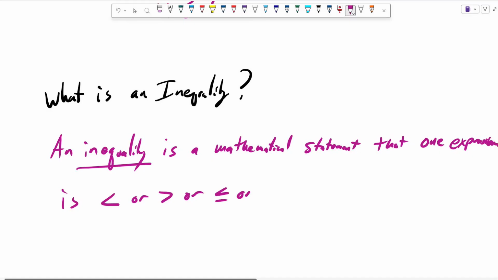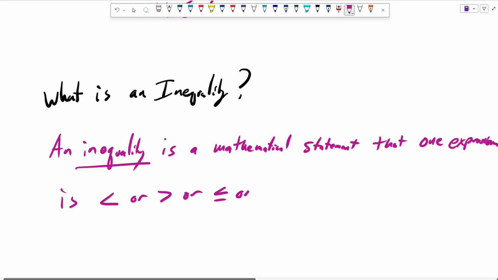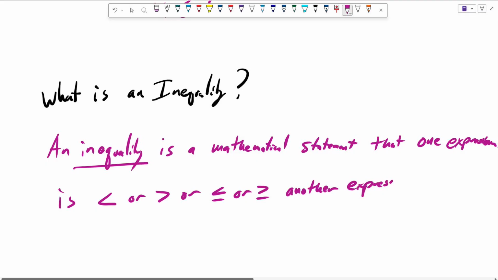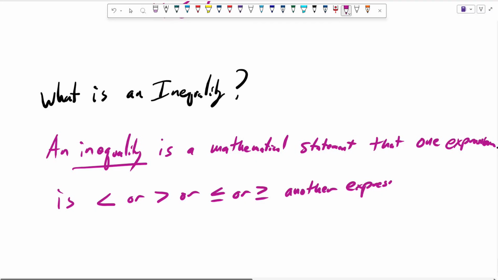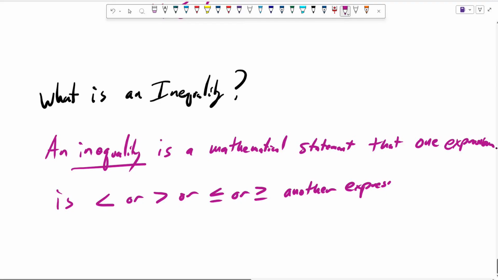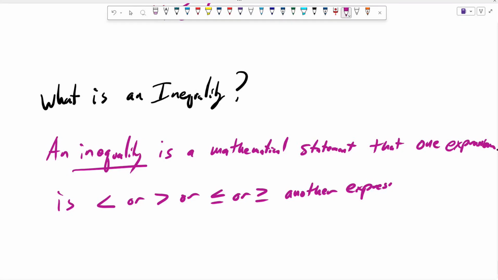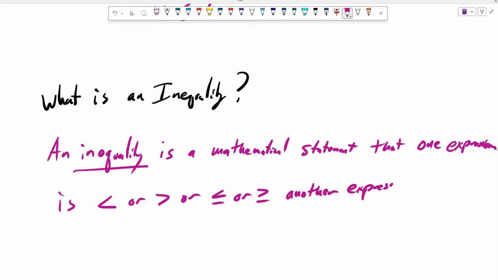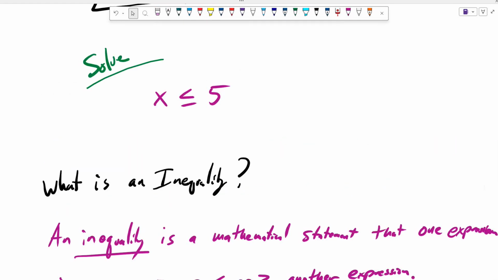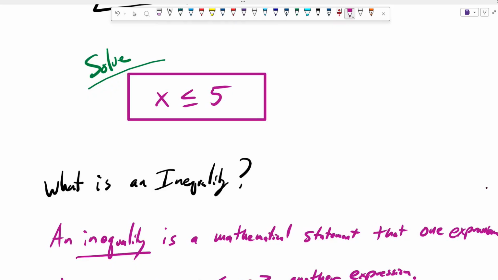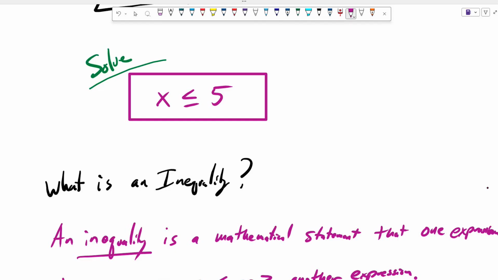An inequality is a mathematical statement that one expression is less than or greater than or less than or equal to or greater than or equal to another expression.